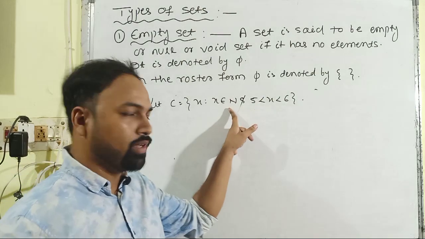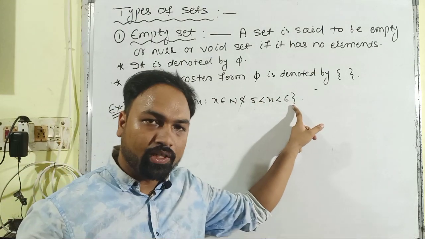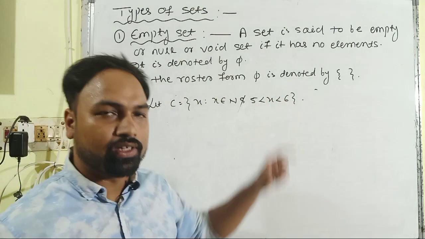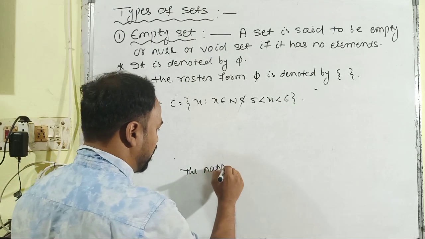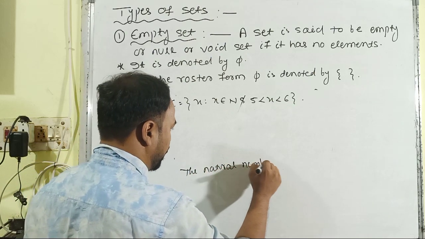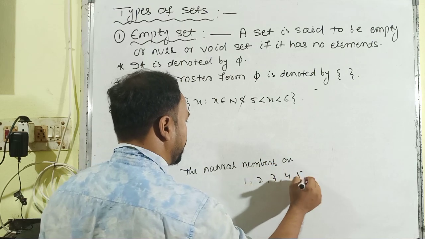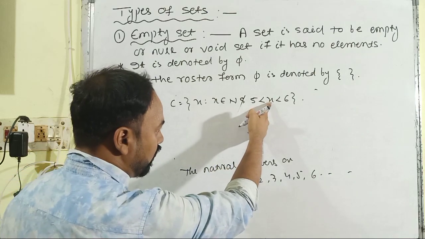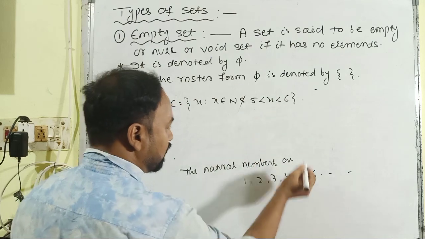That means x must be a natural number, and then x must lie between 5 and 6, and we have to find that natural number between 5 and 6. The natural numbers are 1, 2, 3, 4, 5, 6, but we have to find a number greater than 5 and less than 6.